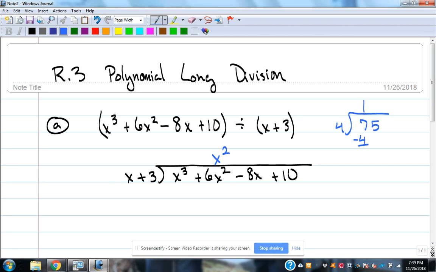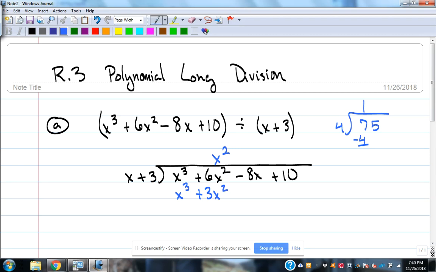X squared times x plus 3. This is where the plus 3 comes back. So it's like distributive property. X squared times x is going to give me an x cubed that I'm going to write right here. Then x squared times plus 3 gives me positive 3x squared.